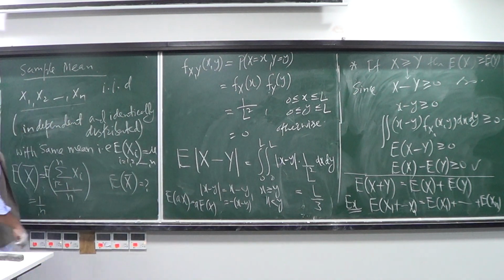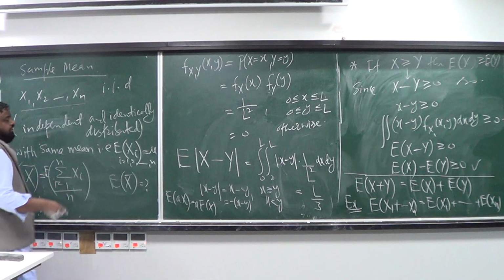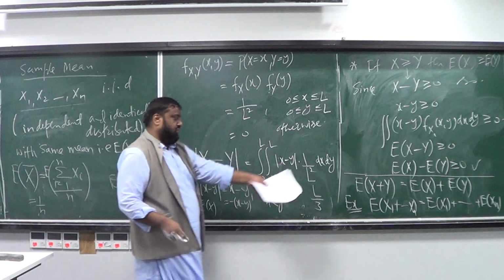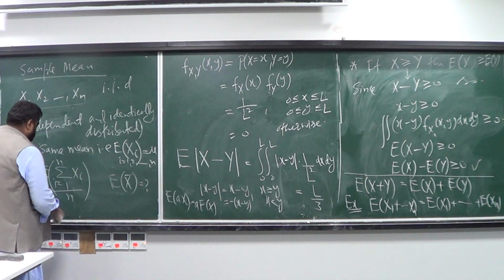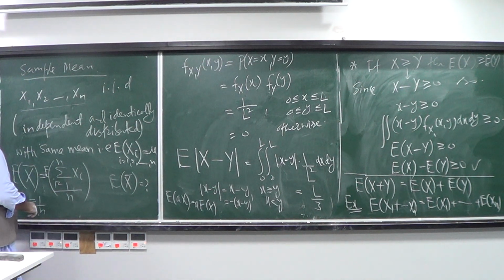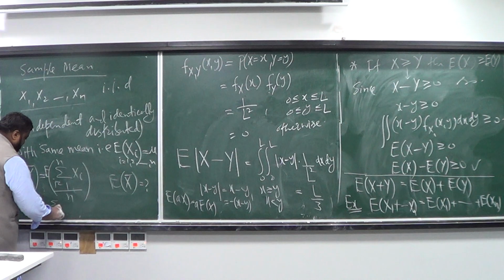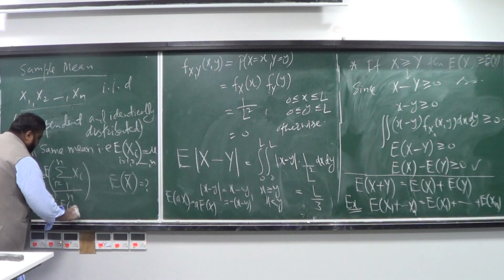So 1 over n I can pull it out. And then the expectation of a sum is the sum of expectations. We saw it and we proved it as well in the previous discussions. So it's going to be the sum from i equal to 1 to n of the expectation of xi.